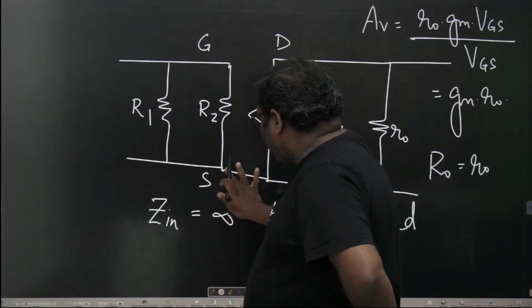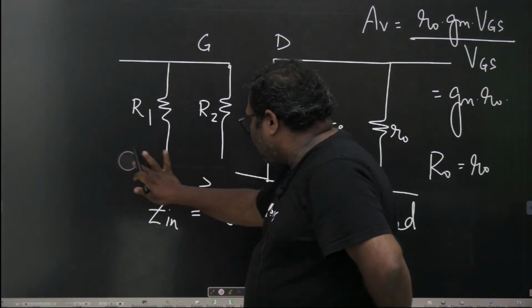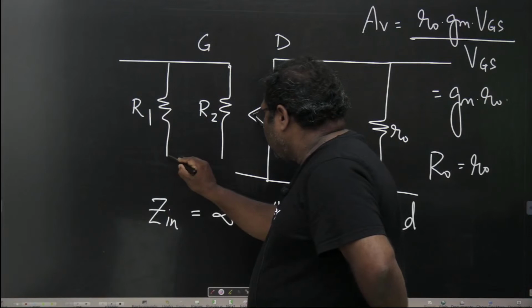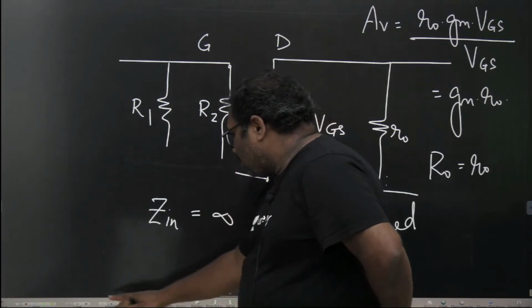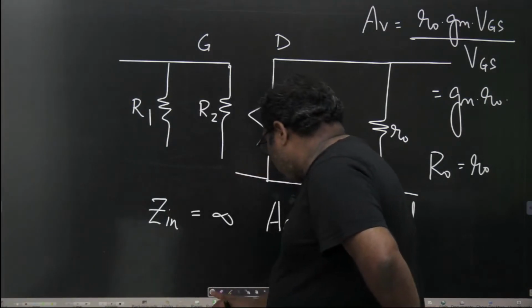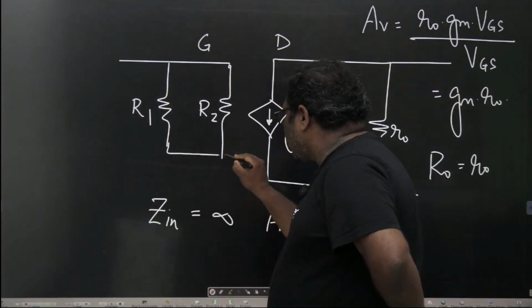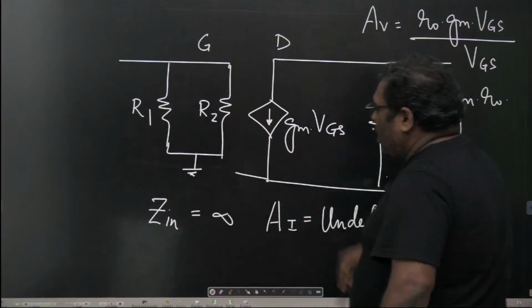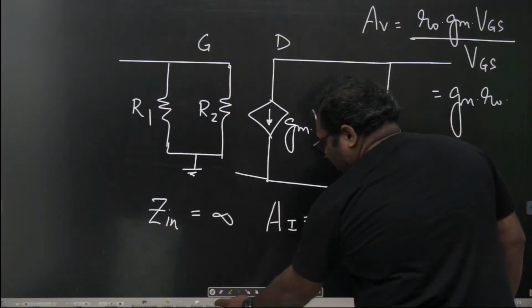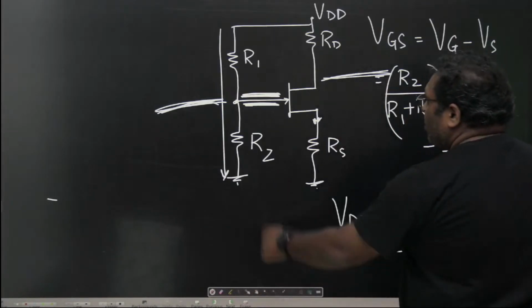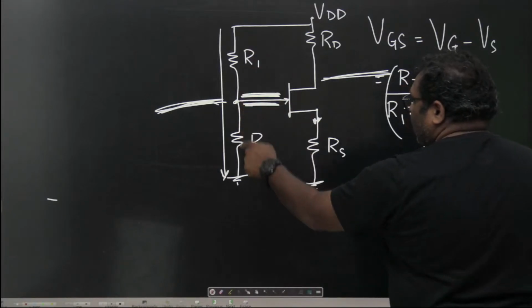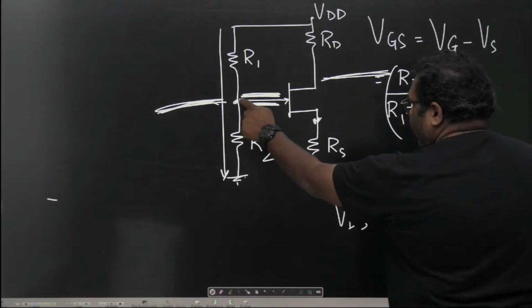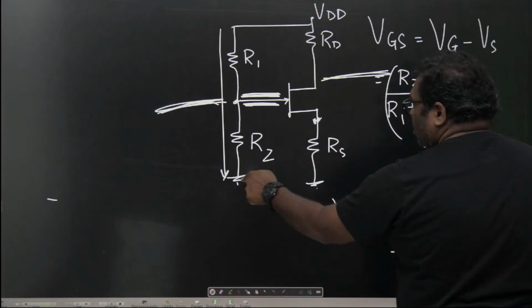So if this is assumed to be the ground point, there come R2 and R1 between gate and ground. That's what you can see here. R2 and R1 between gate and ground. Not between gate and source, gate and ground.